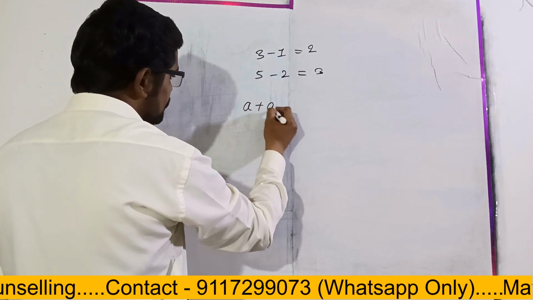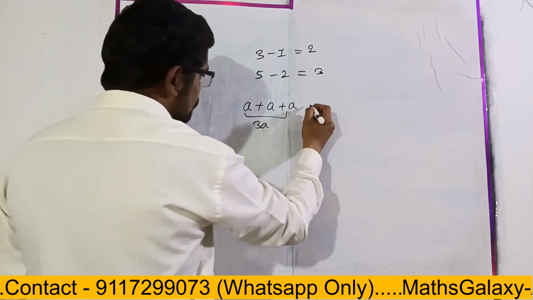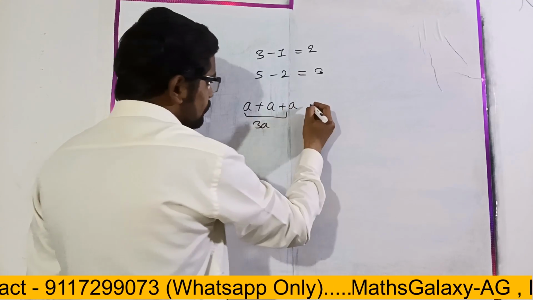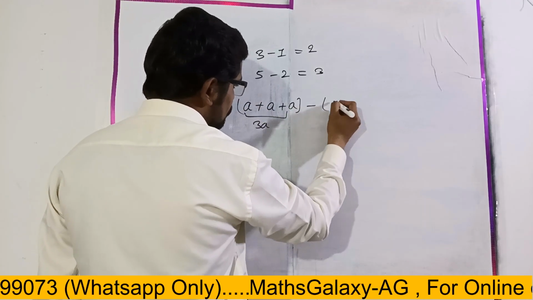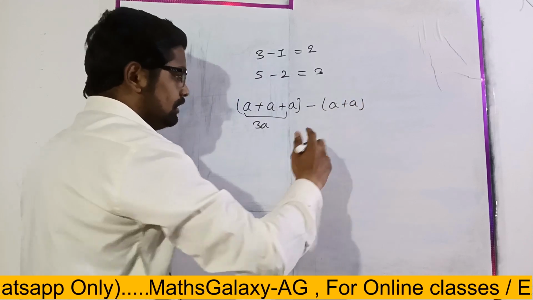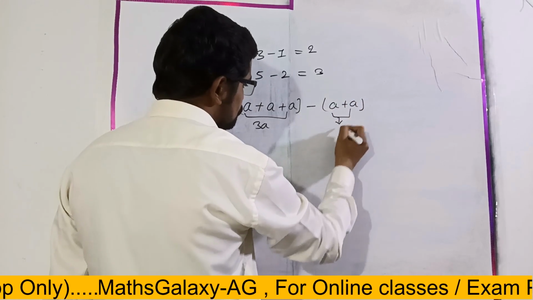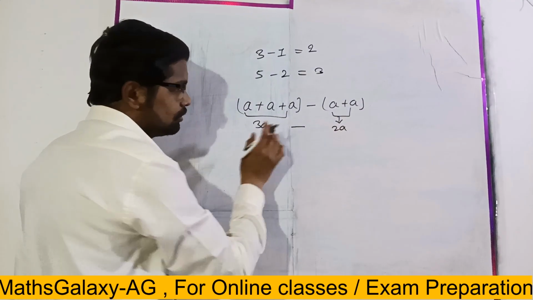Suppose we have a plus a plus a, or you can say 3a, right? In this 3a we have to subtract a plus a. A plus a means 2a, right? So in 3a we have to subtract 2a.